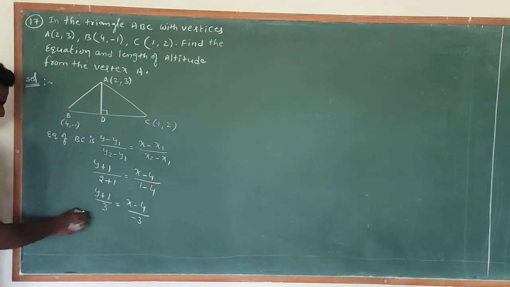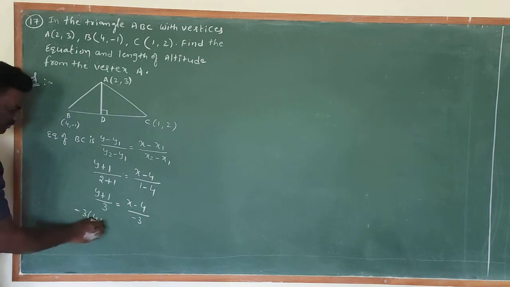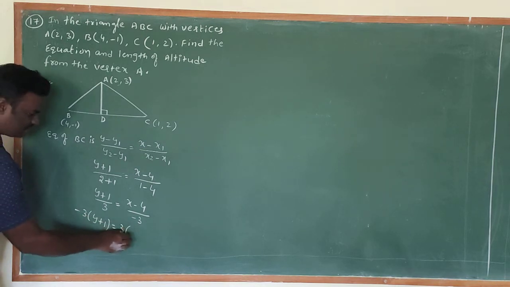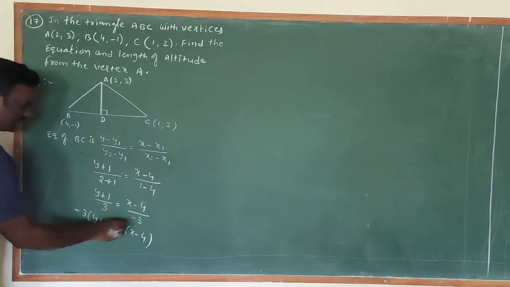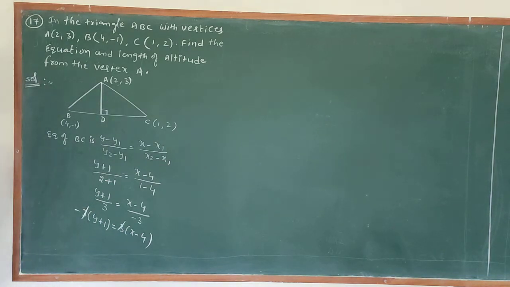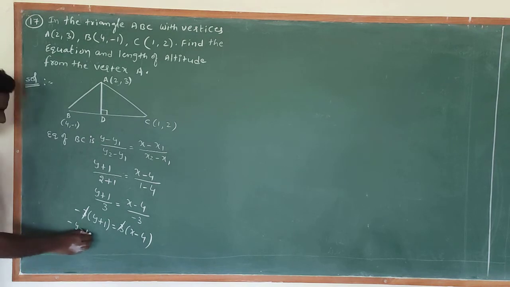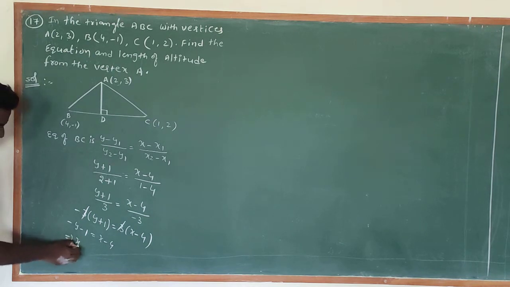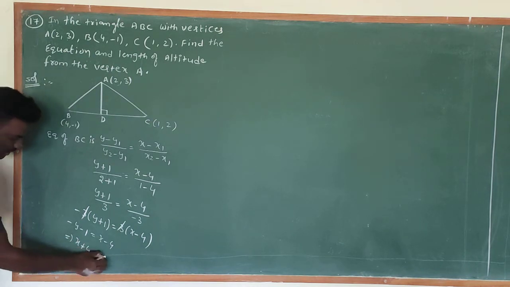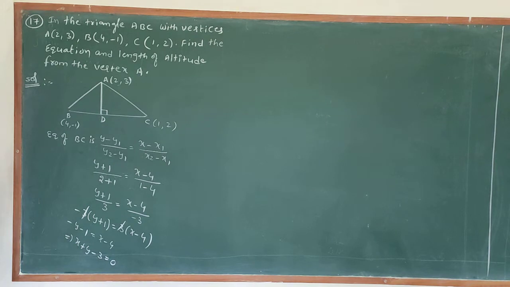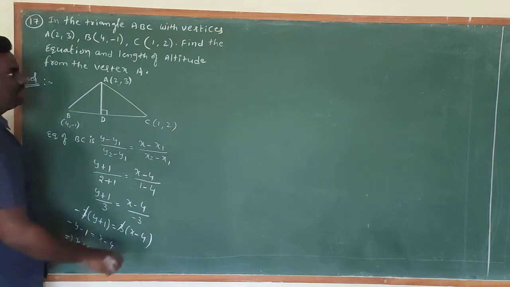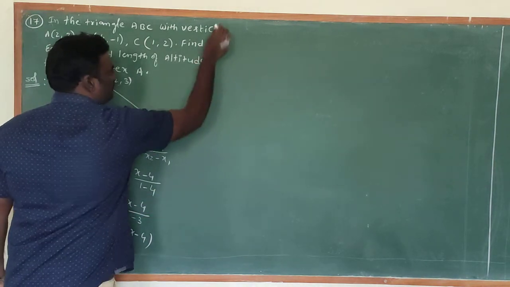Cross multiply: minus 3 into (y plus 1) is equal to 3 into (x minus 4). 3 gets cancelled. Then minus y minus 1 is equal to x minus 4. You send these two values to the right side: x plus y minus 3 is equal to 0. This is equation of BC.